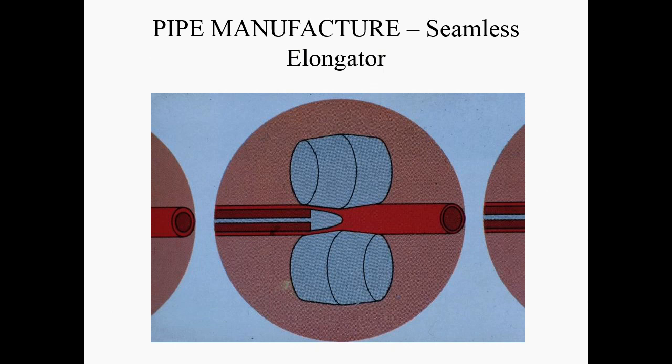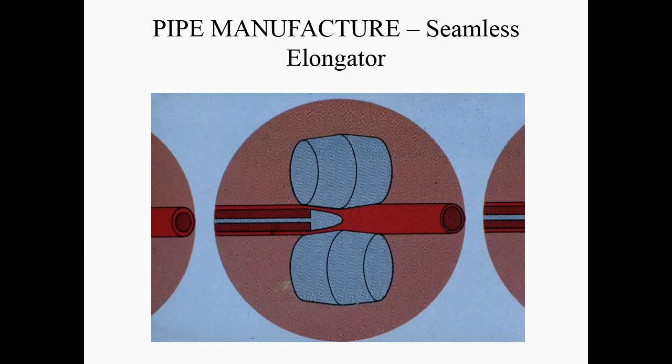So the elongator really takes this smaller diameter thick wall tube and makes it into a larger diameter thin wall tube. And you can do that several times in order to get the right size. And if you do it in small steps, you're more likely to get a good quality pipe.